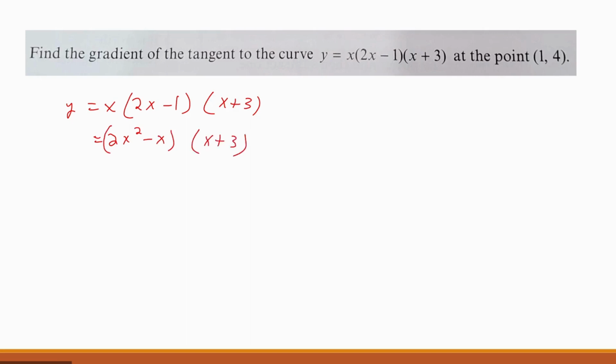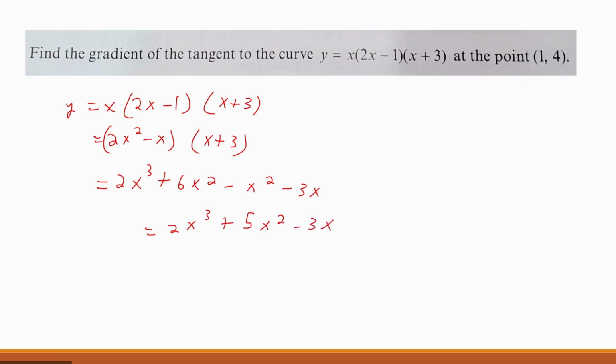Now further multiplication: 2x cubed plus 6x squared minus x squared minus 3x. This gives me 2x cubed plus 5x squared minus 3x.